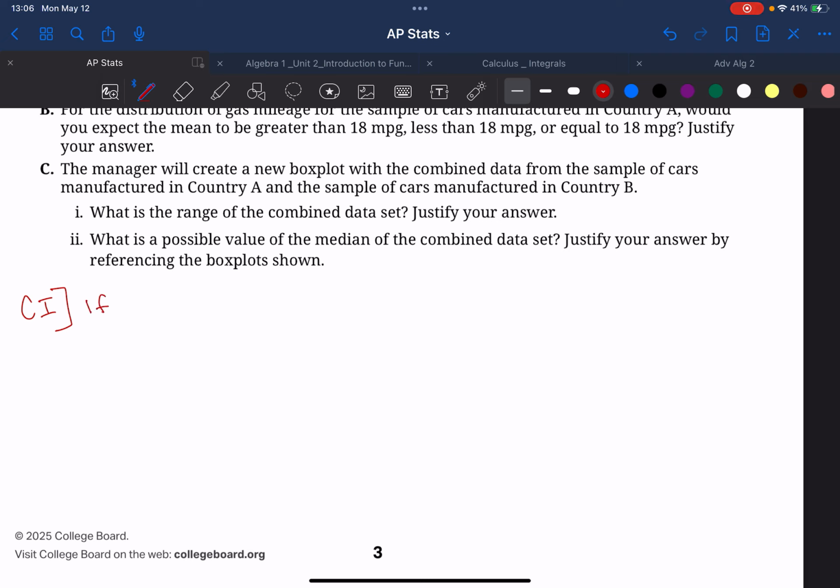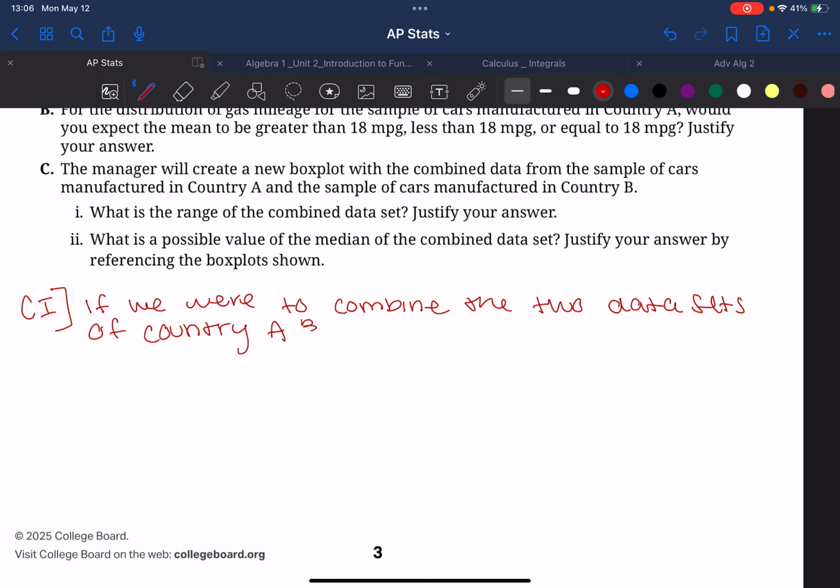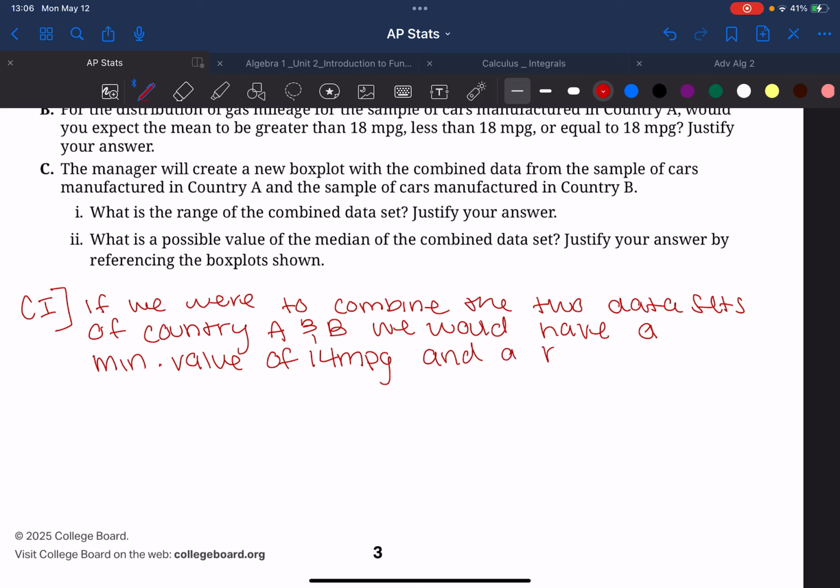I would say if we were to combine the two data sets of country A and B, we would have a minimum value of 14 miles per gallon and a maximum value of 40 miles per gallon.